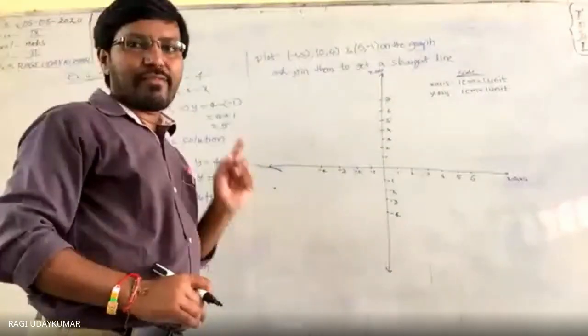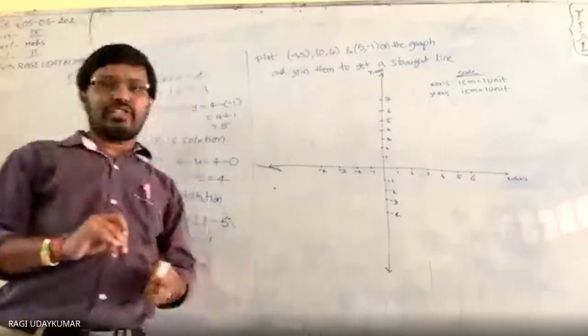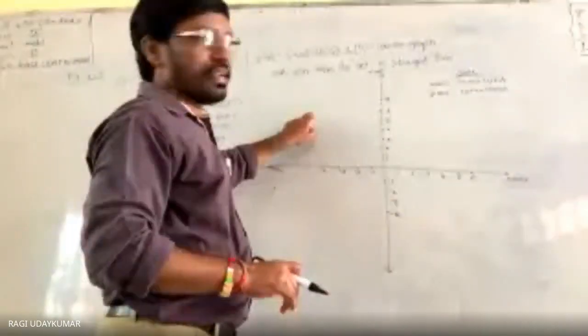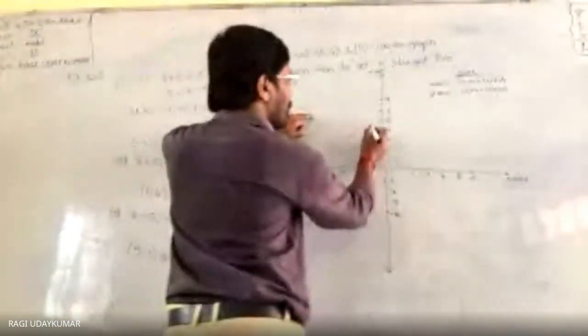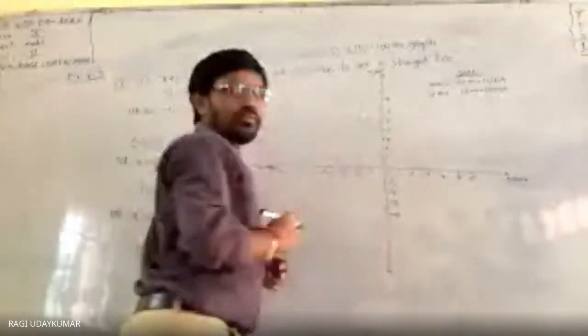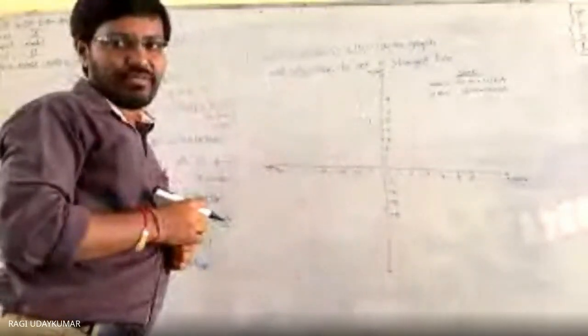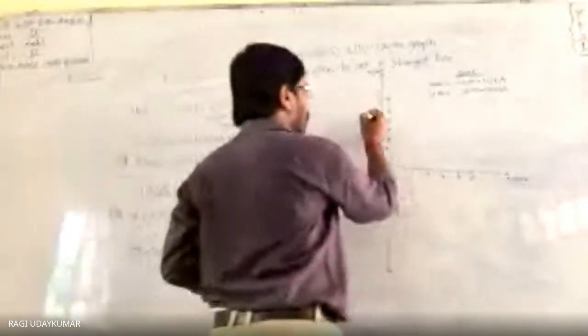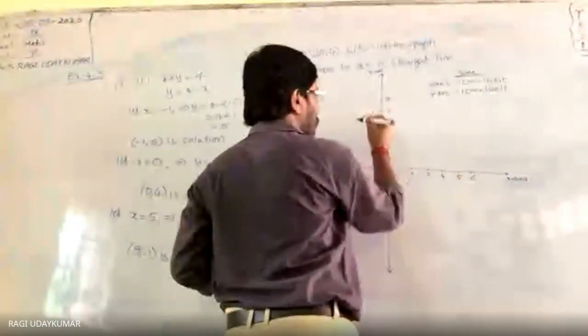Minus 1 comma 5 will be in which quadrant? Second quadrant. Yes, here over second quadrant. So minus 1 comma 5 को mark करो. That is minus 1 comma 5, and you write here minus 1 comma 5.